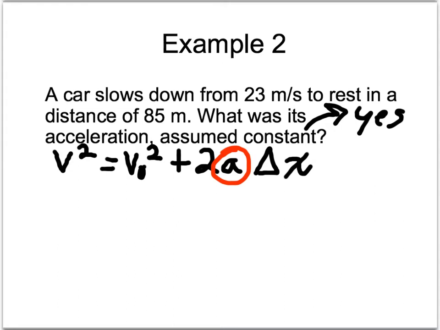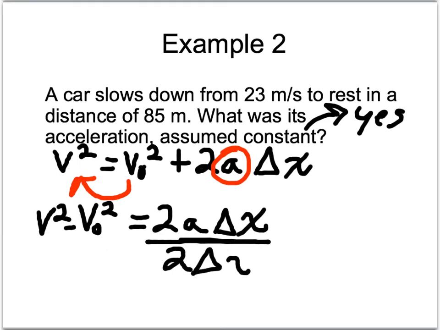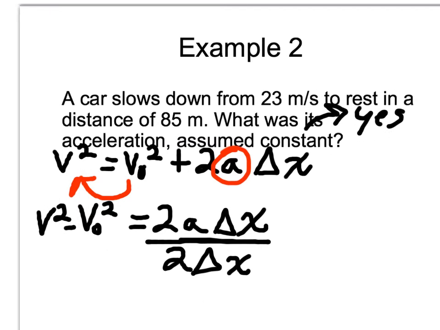We are trying to find acceleration. We got to get it by itself. So first, what I will do is move velocity naught, or initial velocity squared, over to the other side of the equation by subtracting. So I have v squared minus v naught squared equals 2a delta x. So now I'll just divide by everything that's not a. 2 delta x.